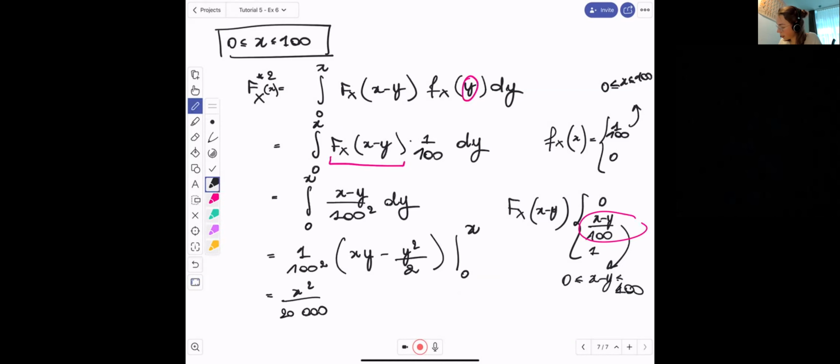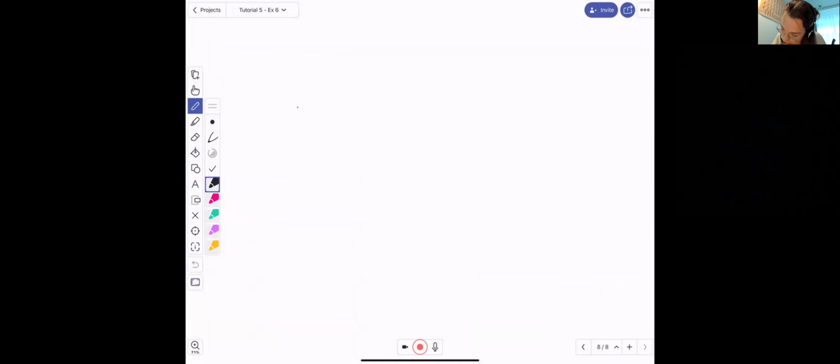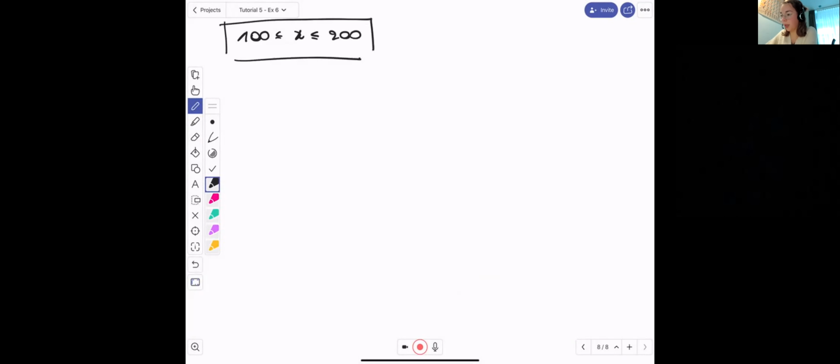Now, for the second part, we're going to look at the case where x takes values between 100 and 200. So I'm going to write this down again.